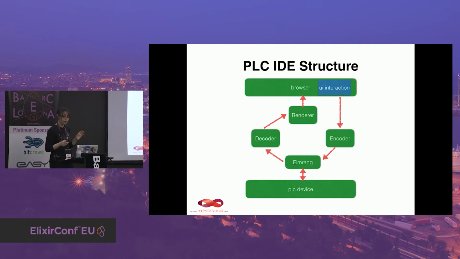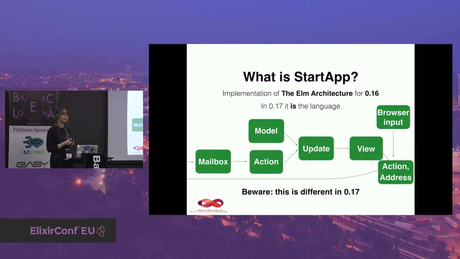So these are 4 components. And these are components because in 0.16, the Elm architecture was called startup. So those are actually startups, 4 of them. And it wasn't as in 0.17 where the Elm architecture is the language. You could still do many things with it that are not possible. I mean, they are a bit awkward to do now, at least.